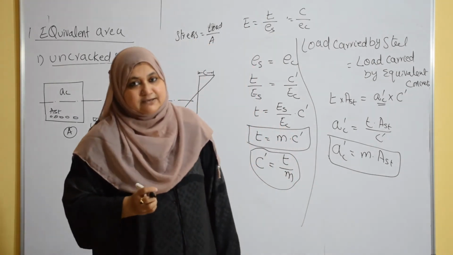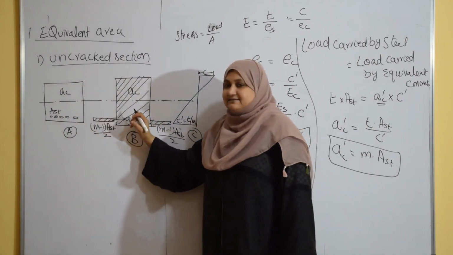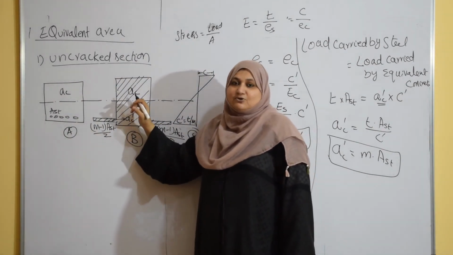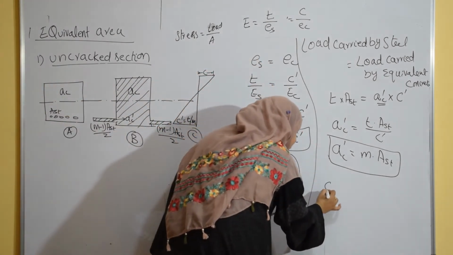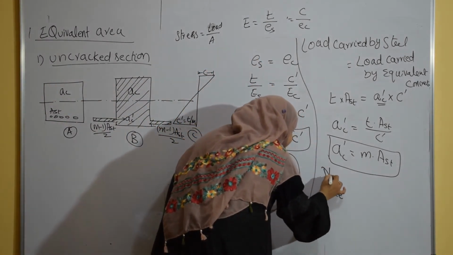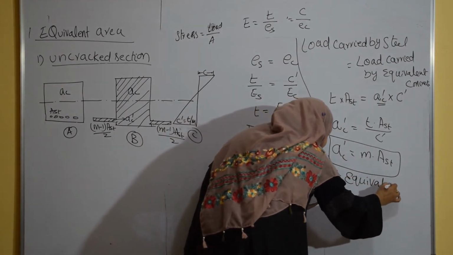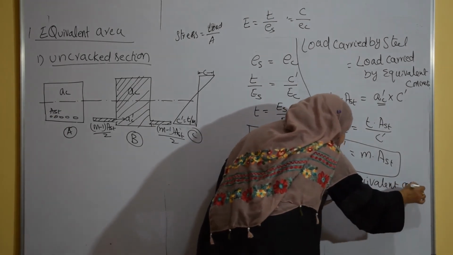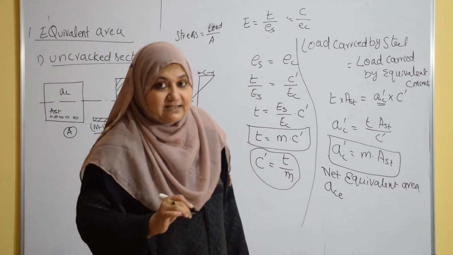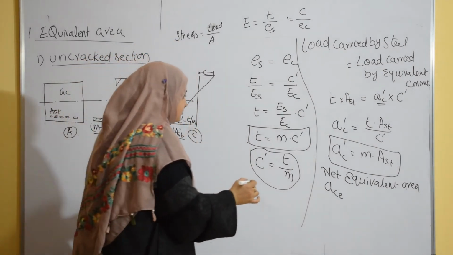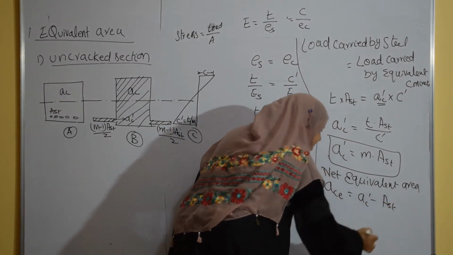Okay, fine. So the net increase in area, because the concrete area is increasing. Originally it was AC, now AC dash has also come. So the net equivalent concrete area in the uncracked section will be equal to AC dash minus area of steel.